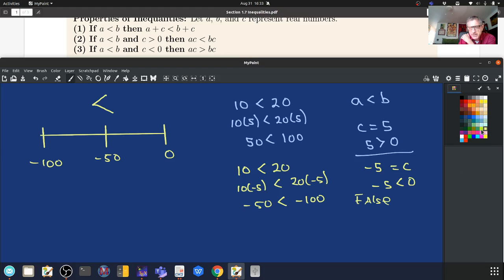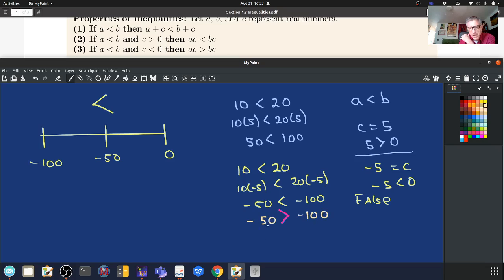So how do we fix it? We flip the sign. Maybe that's not a good color to use. We flip the direction of the sign, and when we flip the direction of the sign, all is well.